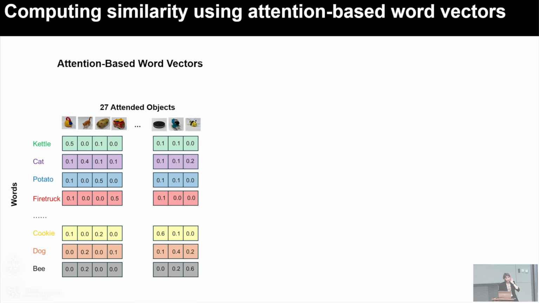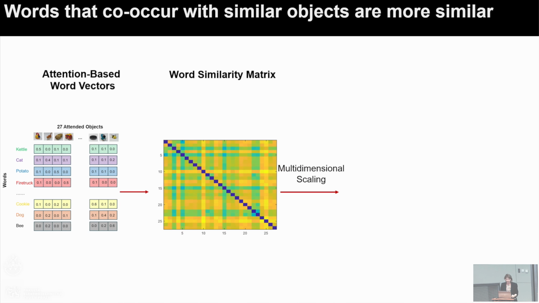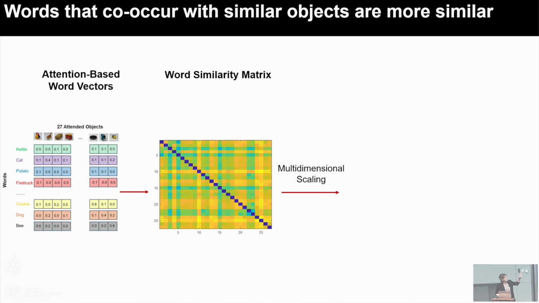And we could use these, what we're calling attention-based word vectors, to then measure the similarity between any pair of words using Euclidean distance, which then resulted in this 27 by 27 matrix of pairwise similarity scores. We could then apply multidimensional scaling to plot this matrix in a 2-dimensional semantic space.